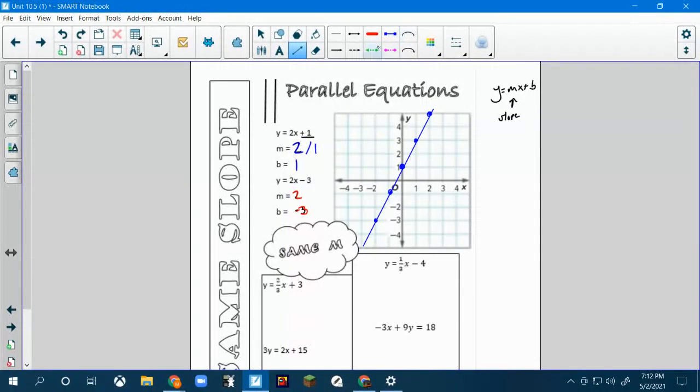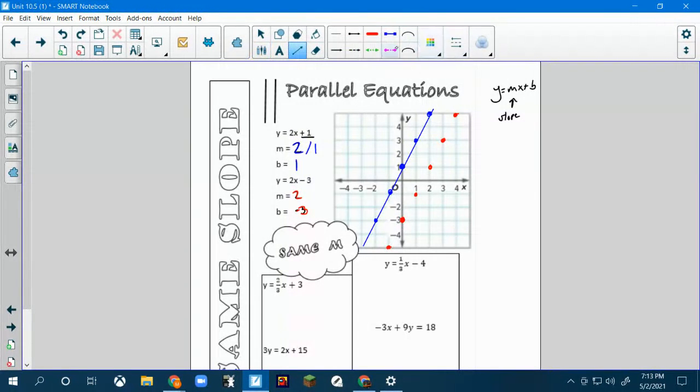That's pretty good. Now let's graph our second line, y equals 2x minus 3. We start at the y-intercept of negative 3 and go up 2 over 1, again and again, and we can go down 2 to the left 1.